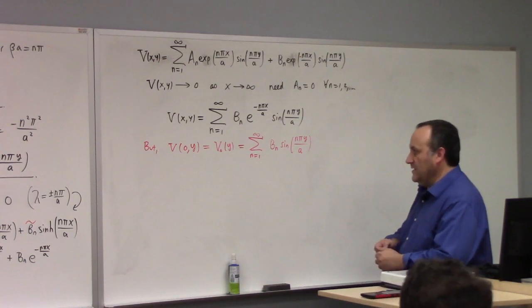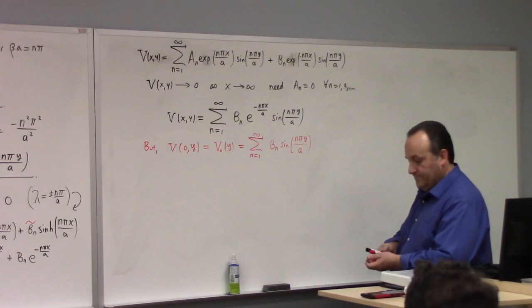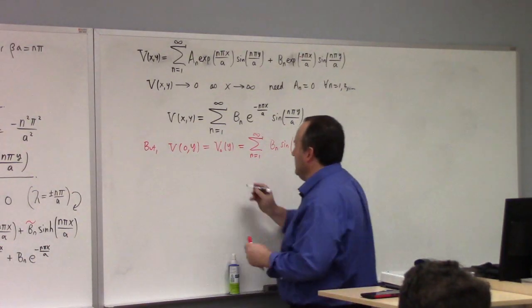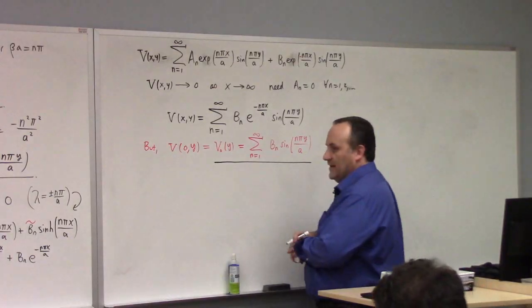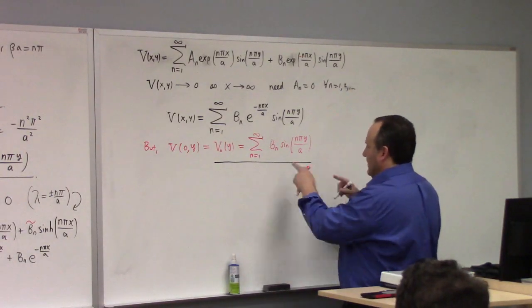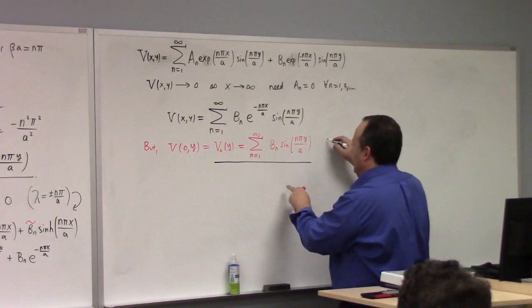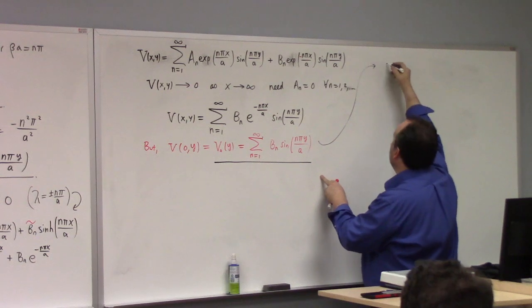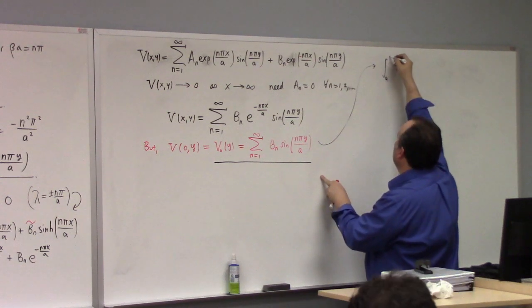And then this is where we need to use Fourier's trick. Fourier's trick says, if you want to solve this kind of thing, you multiply, and we're going to integrate from 0 to a.